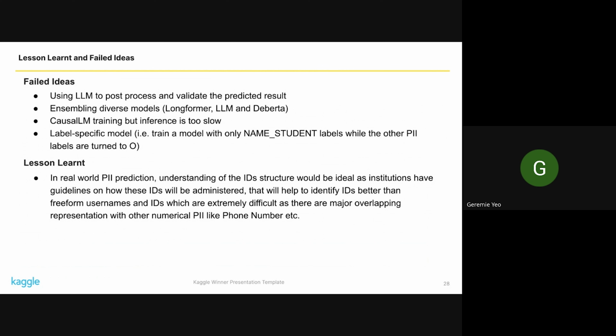In real-world PII detection, understanding the structure of IDs would be ideal, as seen from our experience training with the external dataset. It will help us identify IDs better, as there may be major overlapping characteristics with other PII like phone number and username. Next slide.